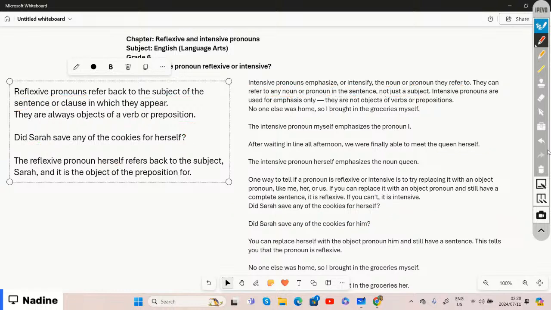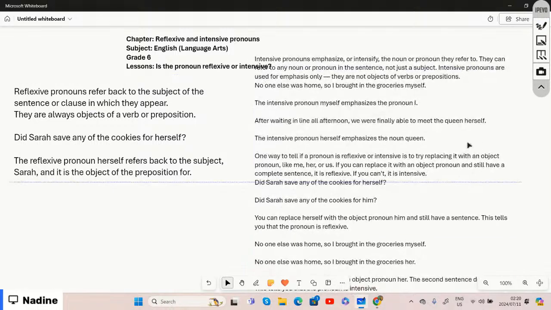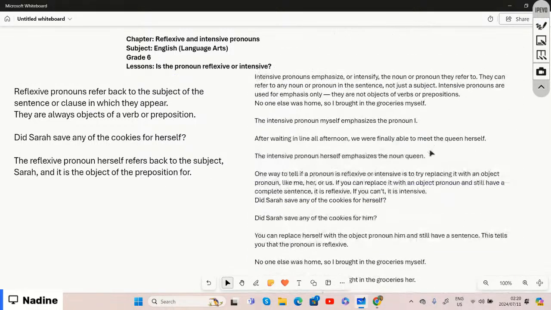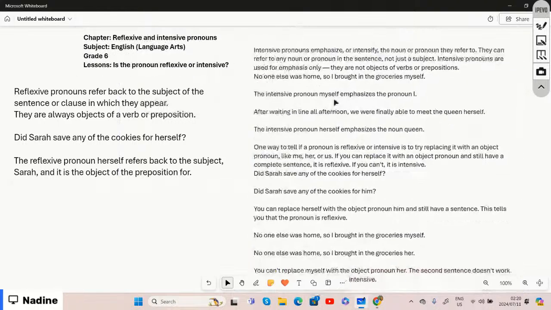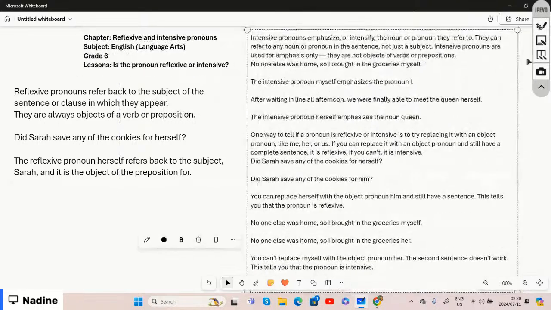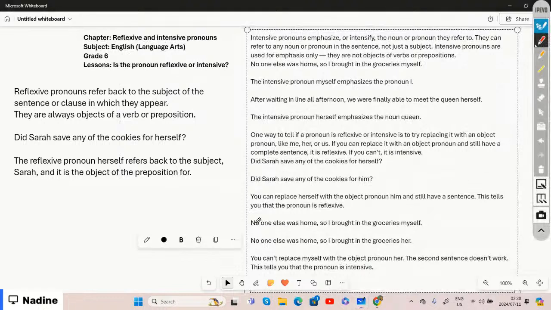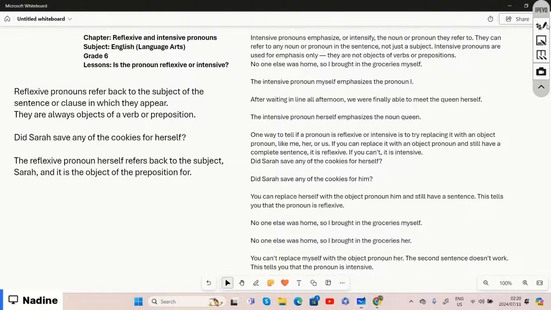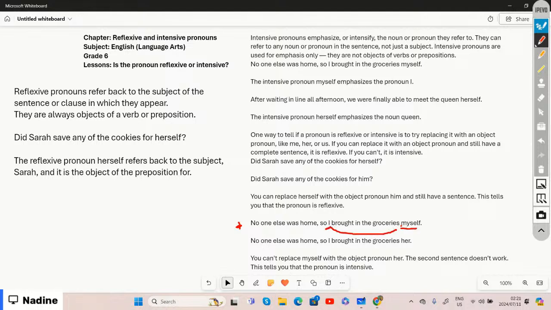But now, if we look at, for example, the next sentence, it says, no one else was home, so I brought the groceries myself. And remember, we said myself puts emphasis on I, right? And that is an intensive pronoun.